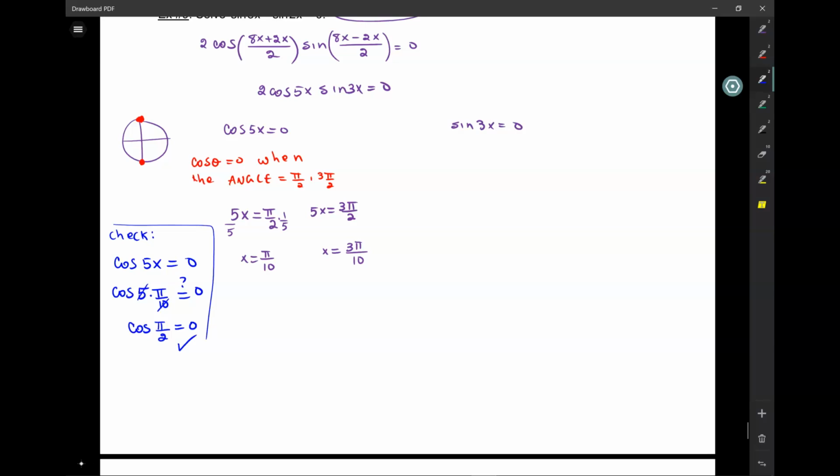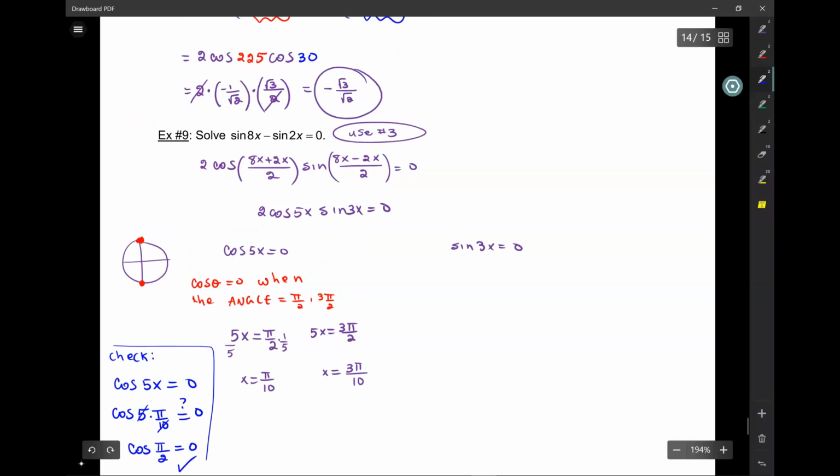what about the 2 pi n and stuff? What happens then? Okay, let's think about this for a minute. If you have y equals cosine 5x, what's the period? Period is 2 pi over b, which is 5. So the period is 2 pi over 5, right? So take a look.